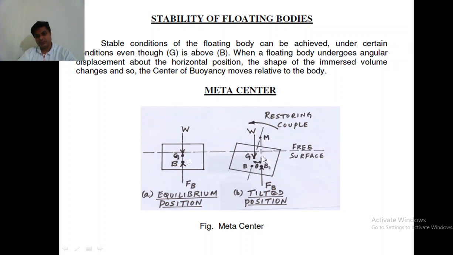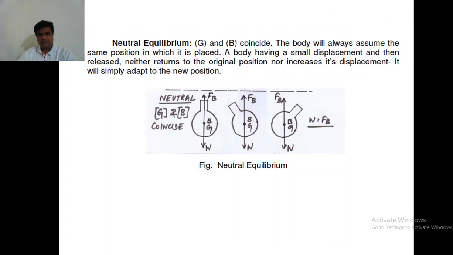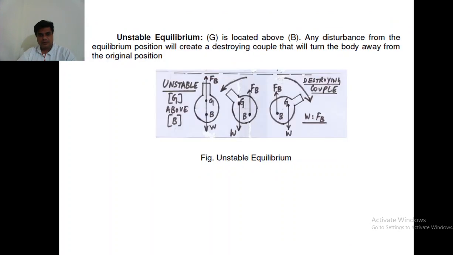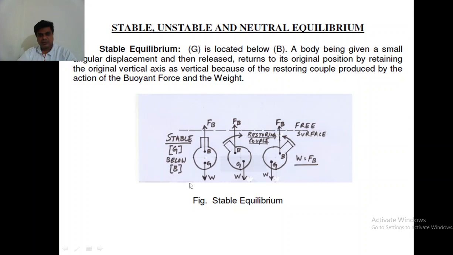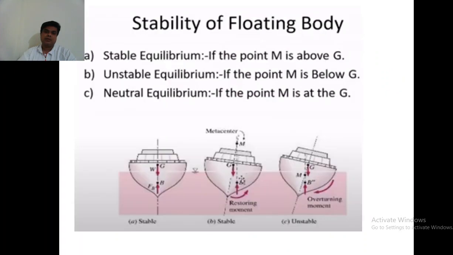In floating bodies, the center of gravity should be above the center of buoyancy, whereas in submerged bodies, the center of buoyancy should be above the center of gravity. These two observations you have to keep in mind. In floating bodies, the metacenter should be above the center of gravity, and the center of gravity should be above the center of buoyancy.